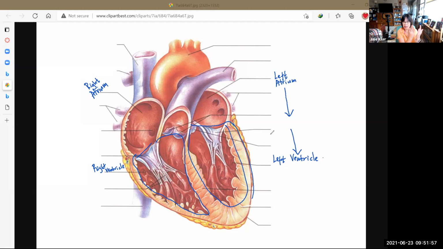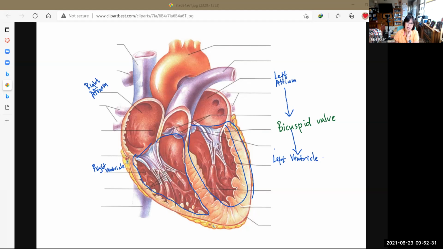So the valve is like that, because two of them we call bi, right? And the flap is called cuspid. So we call it bicuspid valve. Are we good? We call it bicuspid because there are two flaps.